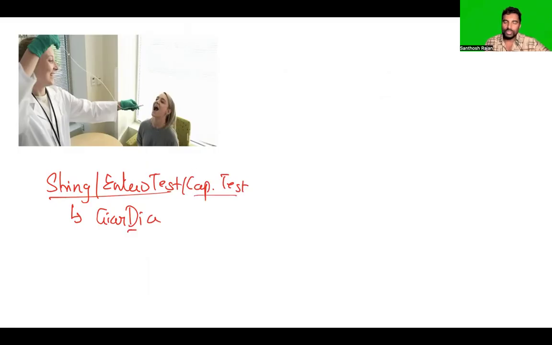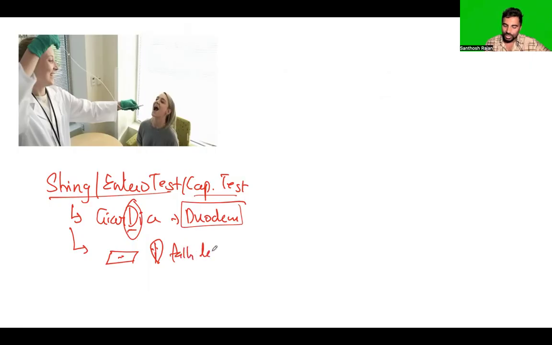When you put the capsule inside, you leave it in the duodenum. D for duodenum, so it goes only till the duodenum, not the jejunum or anywhere else. That question is asked. After that, you take it out and make a smear and look for the falling leaf motility of Giardia, with 2 nuclei and 8 flagella. You have to check that out. That's all. So these are the questions.